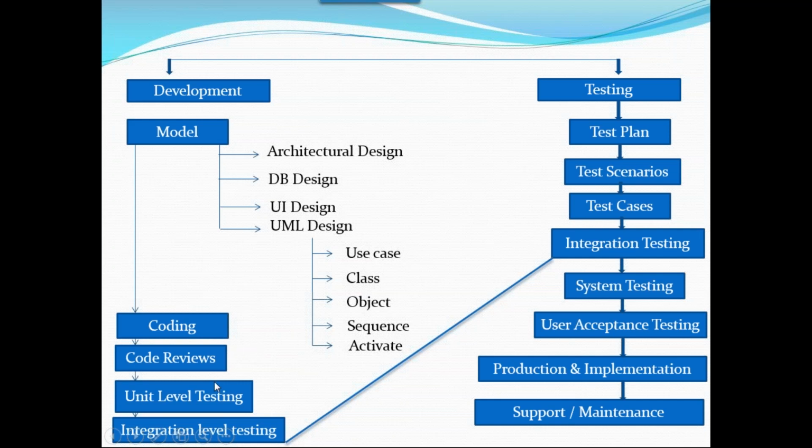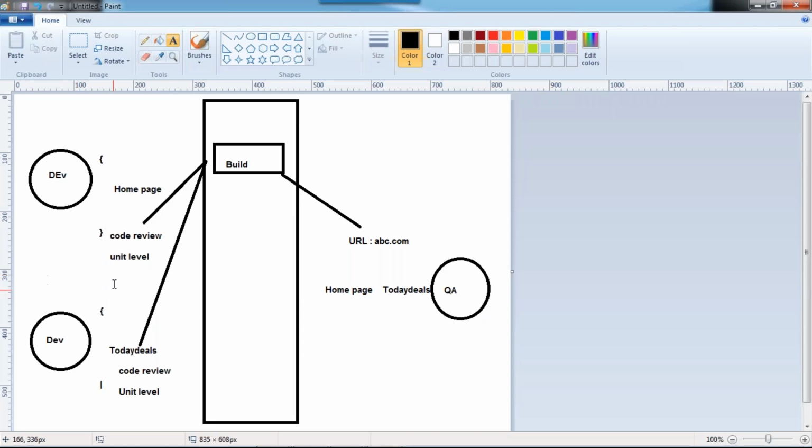Then the developer goes with unit level testing, which is white box testing. Then the developer starts working on integration. So the developer part is completed. The developer does integration testing and QA also does integration testing.